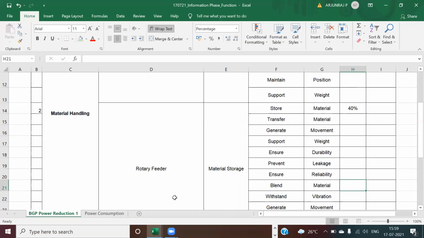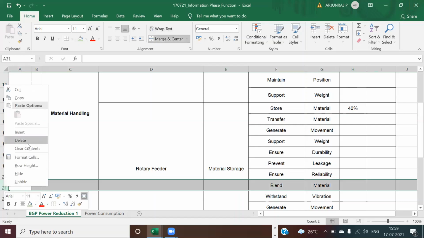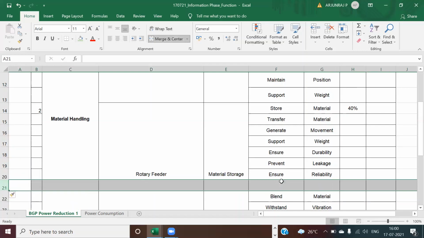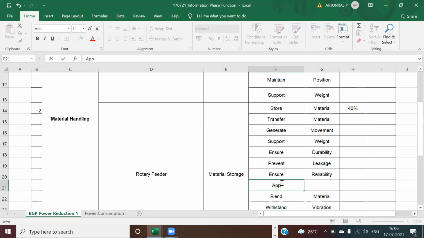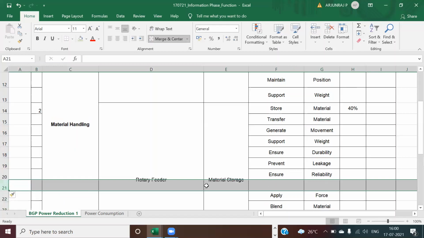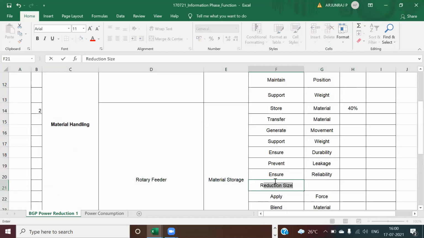That movement means you can also write apply pressure, because there is pressure involved in the process. Generate pressure, apply force. When you apply force, what happens? It is going to receive force first, then the force gets transferred.